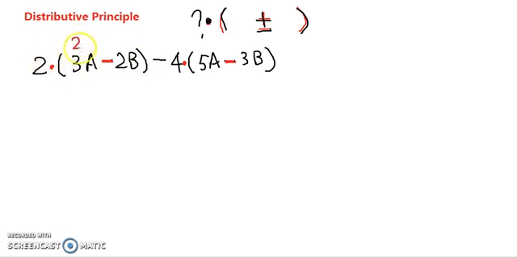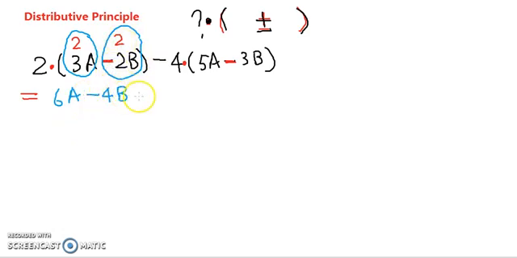So I'm going to move that 2 up and put it on top of each term. So we do 2 times 3a, which gives us 6a, and we do 2 times negative 2b, that gives us negative 4b, because 2 times negative 2 gives us negative 4.